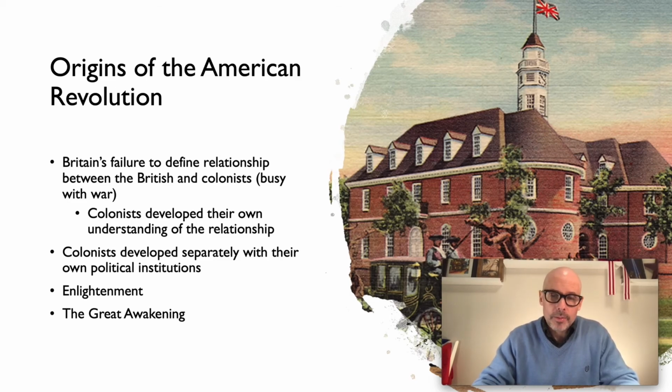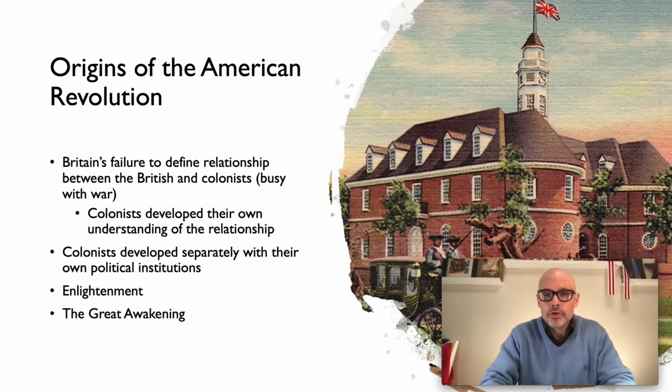There's also the Enlightenment. The Enlightenment was a set of ideas that took place in the late 1600s and in the 1700s, and there were lots of thinkers or philosophers who were challenging old ideas on government and religion and people's place within society.